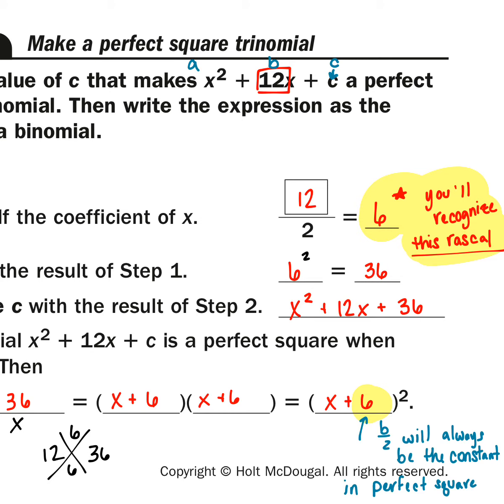Every time, b over 2 will always be that number.